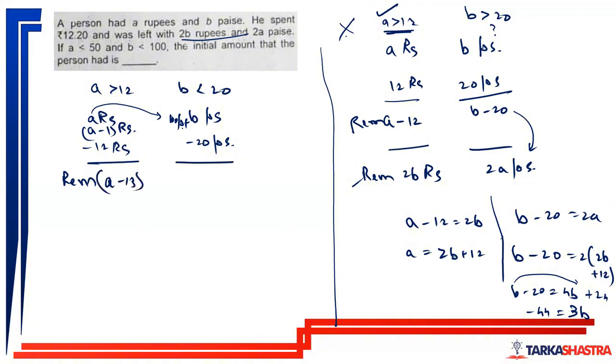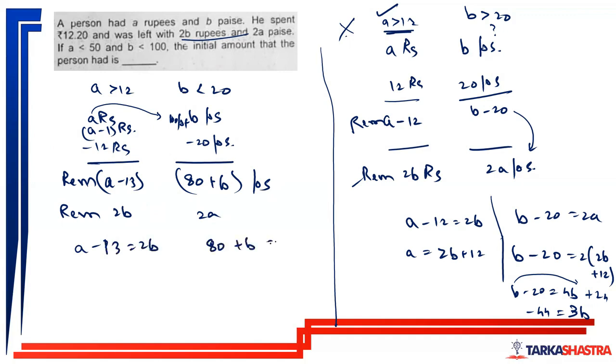और यहाँ पे रिमेनिंग कितना है, 100 माइनस 20, that is 80 plus B पैसा. And according to the question रिमेनिंग कितना है, 2B रुपीज और 2A पैसा, है ना. तो अभी इक्वेट करते हैं, A minus 13 is equal to 2B and 80 plus B is equal to 2A. ठीक है ना. तो A is equal to 2B plus 13. So 80 plus B, अभी A के जगह 2B प्लस 13 ऐसा डालता हूं.